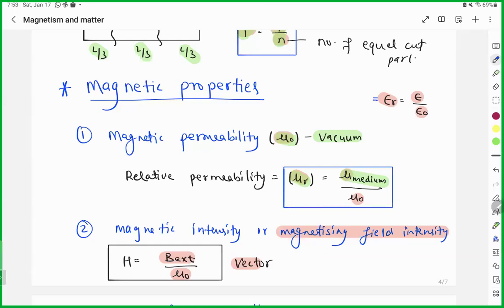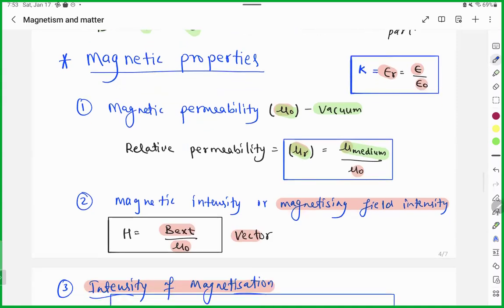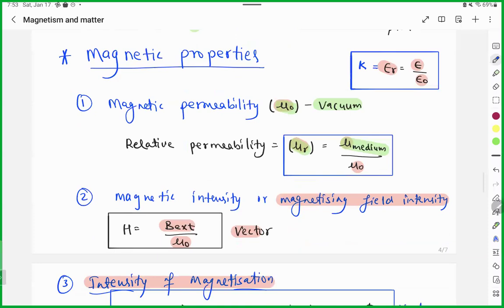I remember it's the dielectric constant. Yes, it is the dielectric constant: relative permittivity, epsilon in a given medium, epsilon naught in the vacuum.